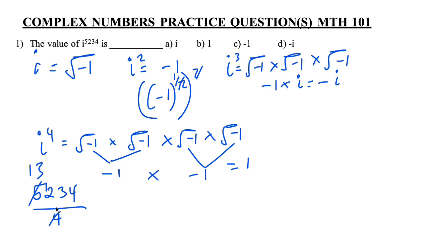Then you can now say 4 into 34. 4 into 34 gives us what? 4 times 8, 4 times 9. Let's see that. So we have 5 divided by 4, we have 1.